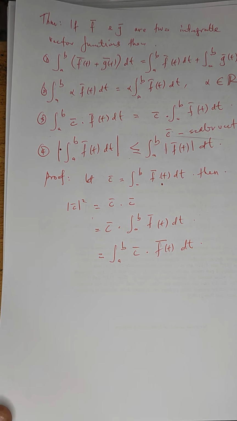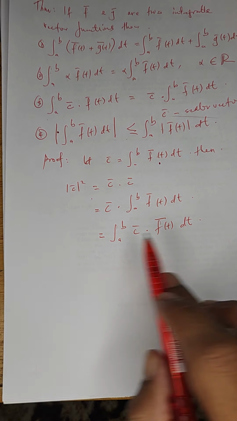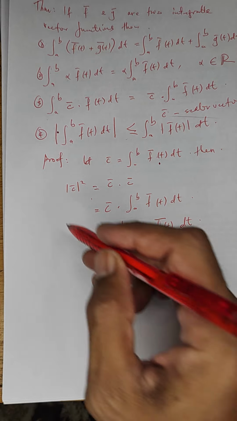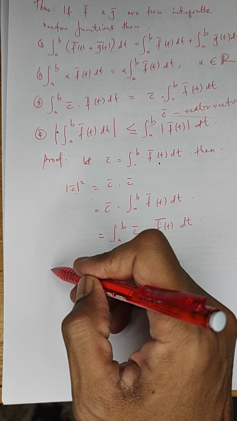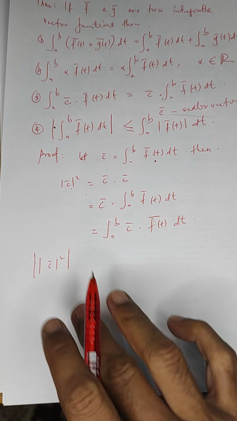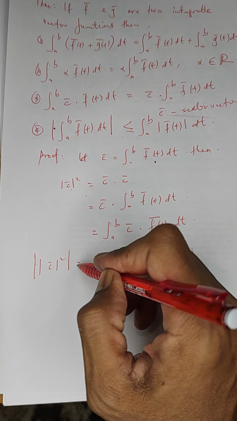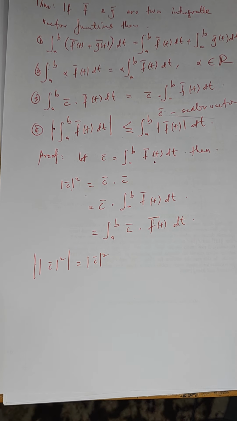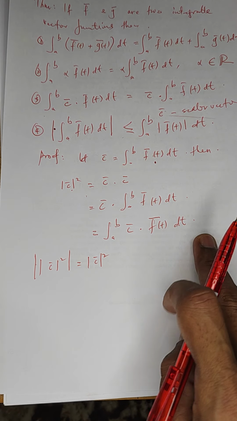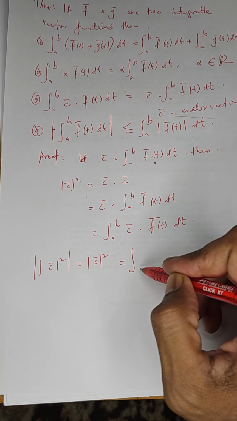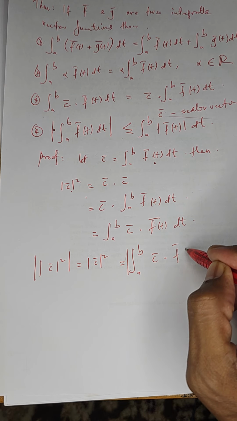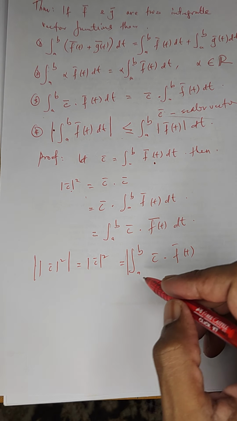Okay, if we take the magnitude of both sides, the magnitude of c squared is the same as the magnitude of integral a to b c dot f(t) dt.